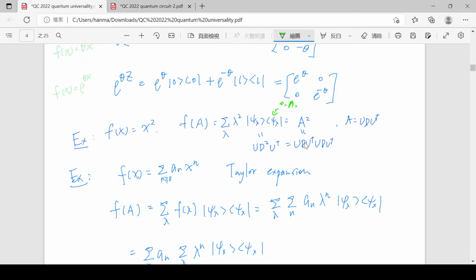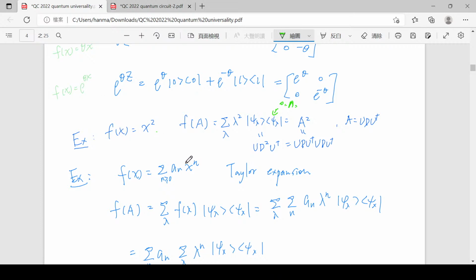Then A squared equals U D U dagger U D U dagger, and the U dagger U will cancel each other. So that's U D squared U dagger. And this is equal to the same thing, because U and U dagger give you the same set of eigenvectors, and D squared corresponds to those lambda squared. Okay. Question?